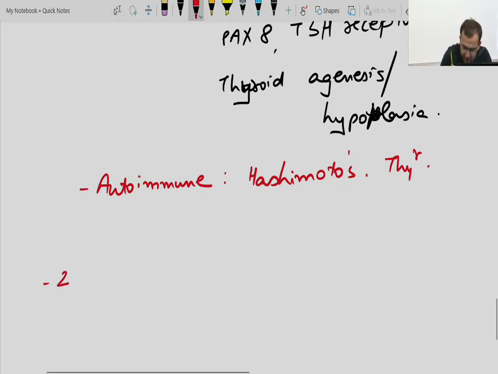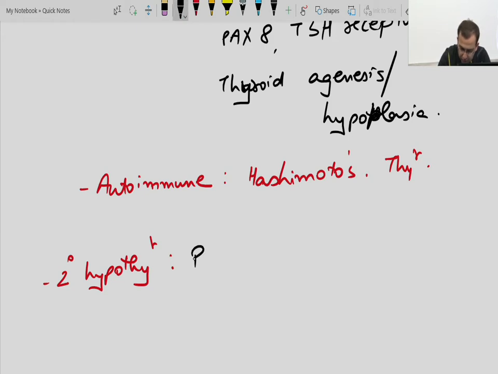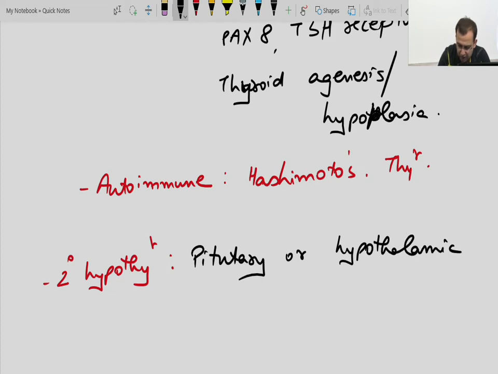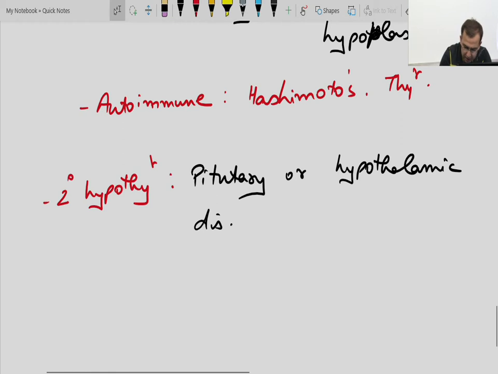Next is secondary hypothyroidism. This occurs because of pituitary or hypothalamic deficiencies.